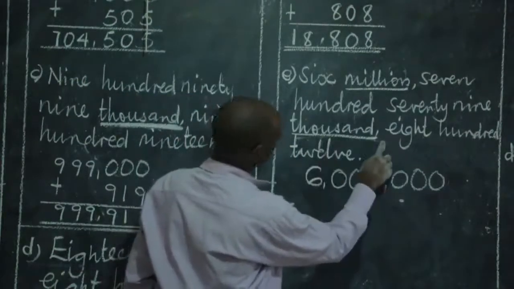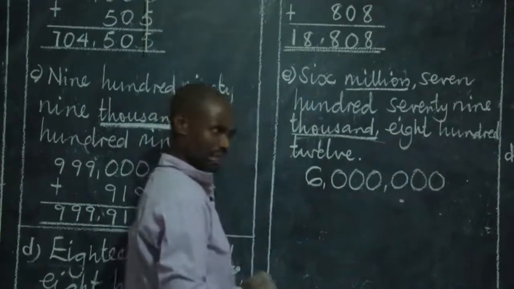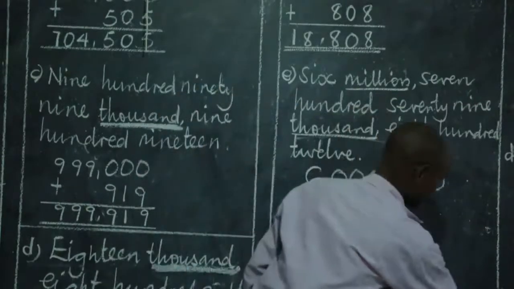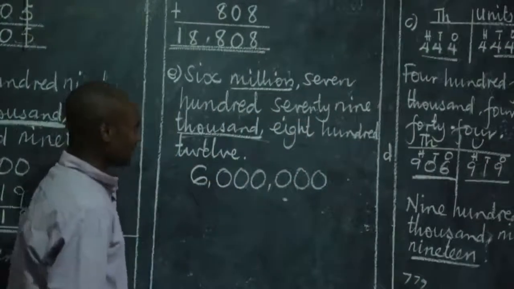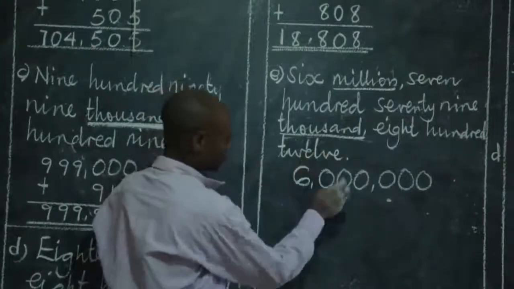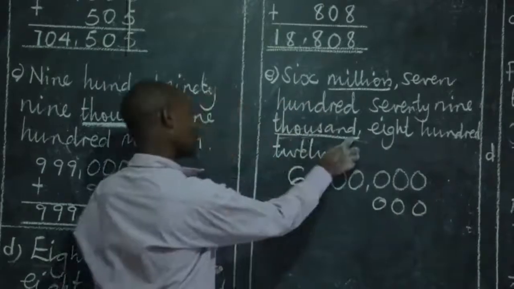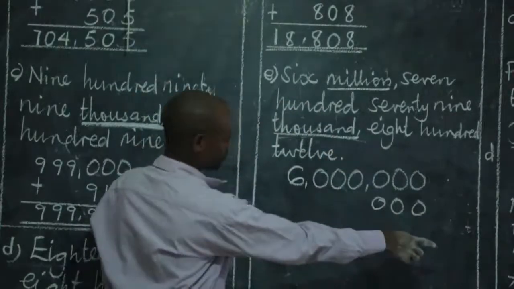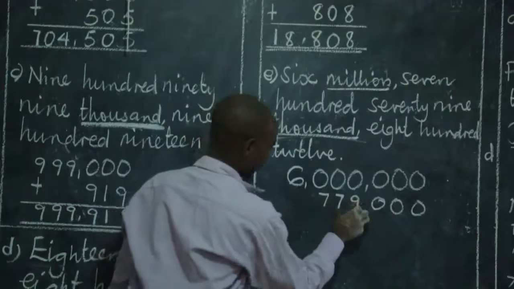What do we have in thousands? 779. How do we write 779? Then the word thousand, we'll add there how many zeros? 3. So we shall have 1, 2, 3. For this word thousand, then we put that 779.